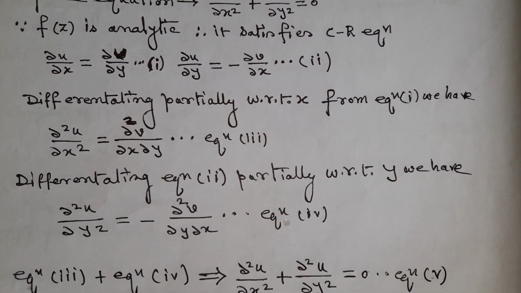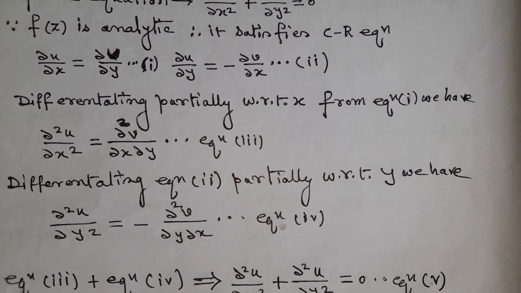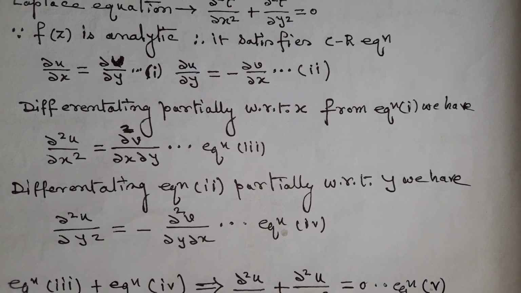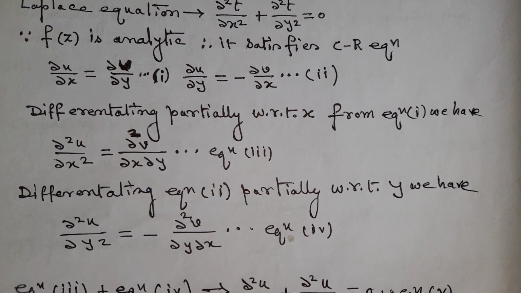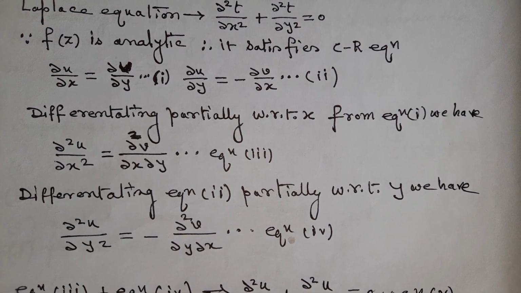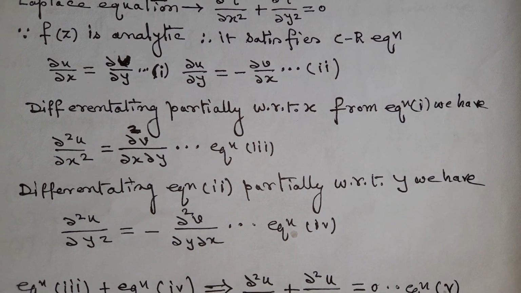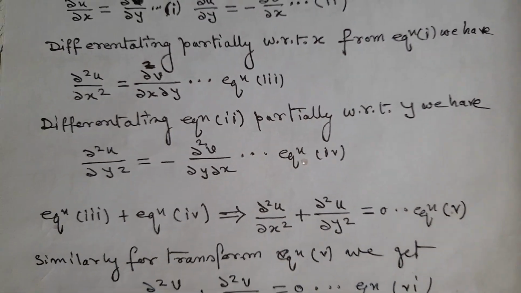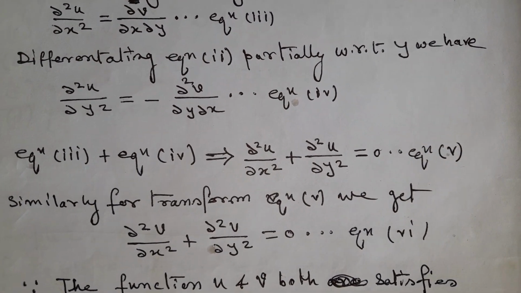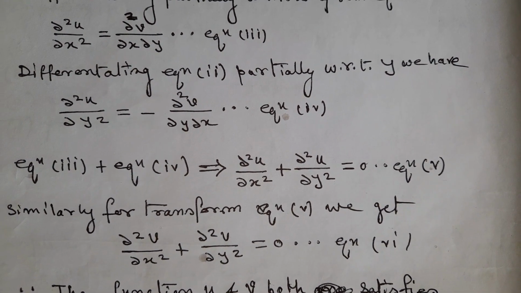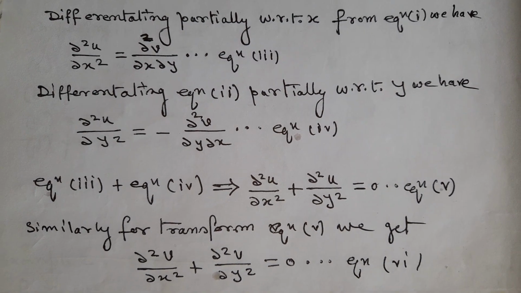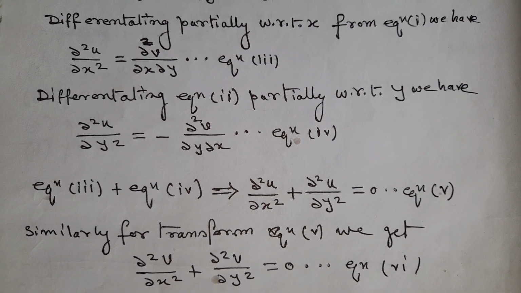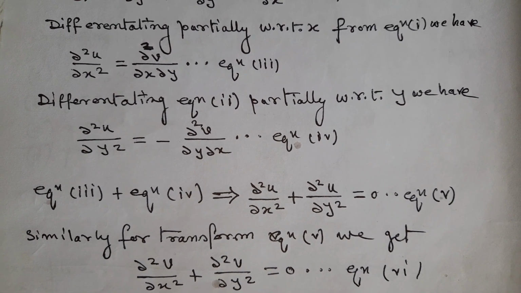Now differentiating equation number 2 partially with respect to y, we will get del square u del y square equal to minus del square v del y del x. We name this equation number 4. Now adding equation number 3 and equation number 4, we will get del square u by del x square plus del square u by del y square equal to 0.